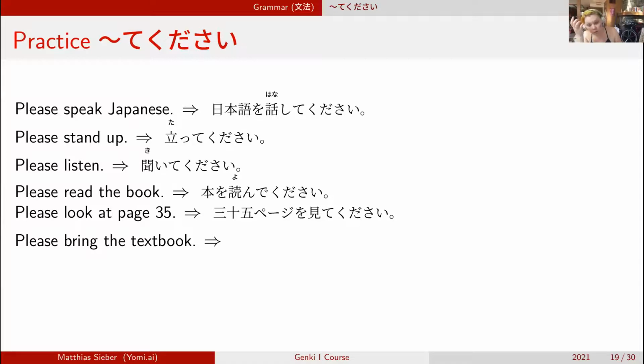Okay. So then it would be moteku, but since it's an irregular verb, I don't really know. Motte. The part that needs to be conjugated here, that's why it's not a regular verb, is that it is actually two verbs combined.